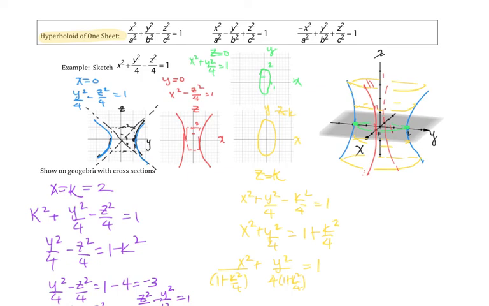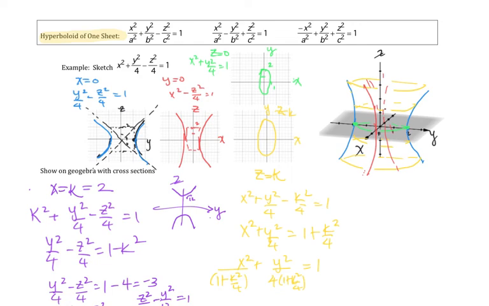So what does that mean? It means that where x equals 2, we actually have a hyperbola that is opening in the z direction at square root of 12 there.